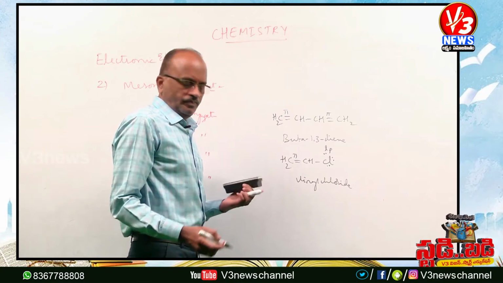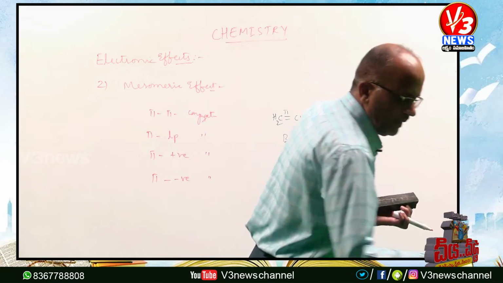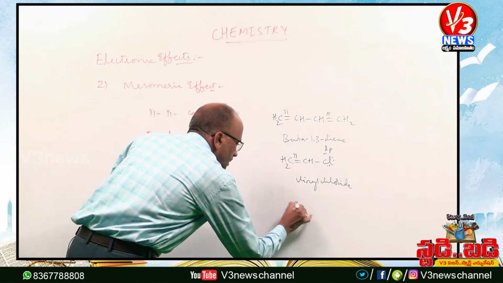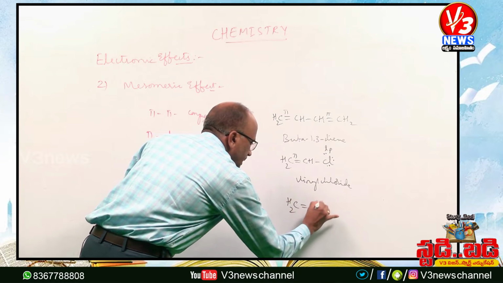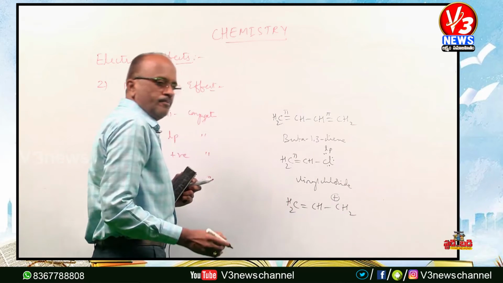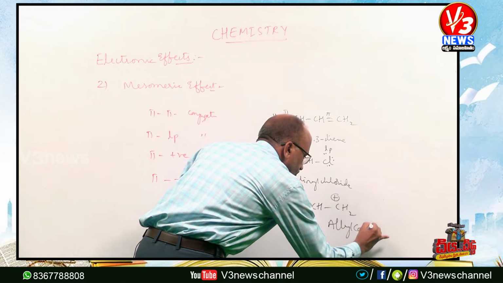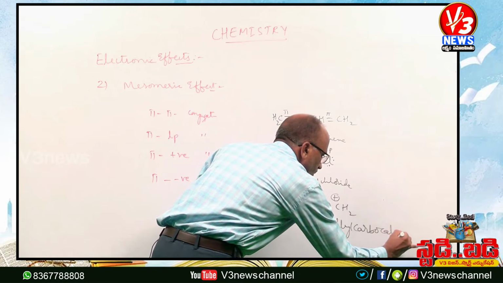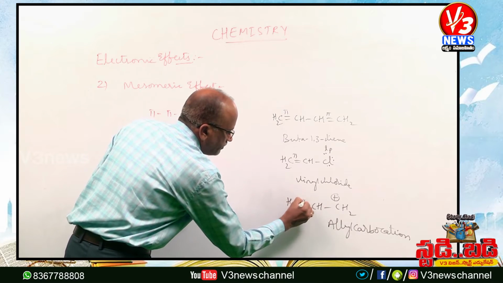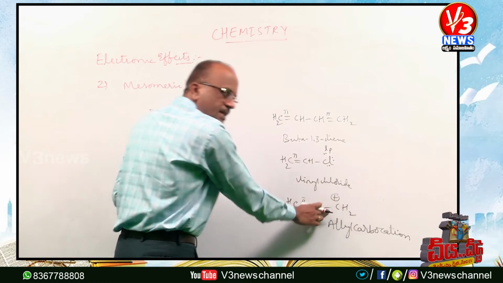Then if we take another one, that is pi positive conjugation, CH2 double bond CH CH2 plus. This is called allyl carbocation. Now observe this one. This is a pi bond, this is a positive charge separated by a sigma bond.